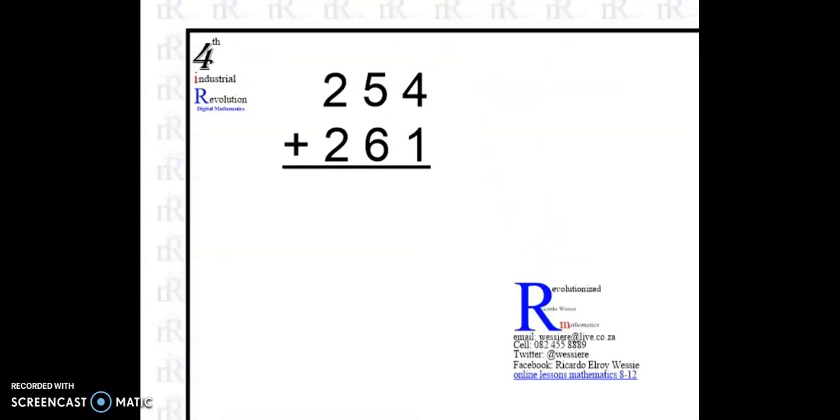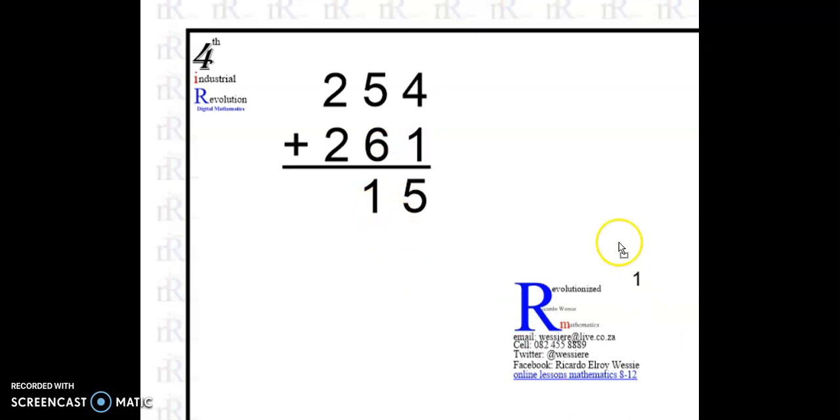Right, let us firstly go to an addition sum. So, I've got to add 254 and 261. My numbers: units underneath units, tens underneath tens, hundreds underneath hundreds. 4 plus 1 is 5. 5 plus 6 is 11, but only the 1 is placed.